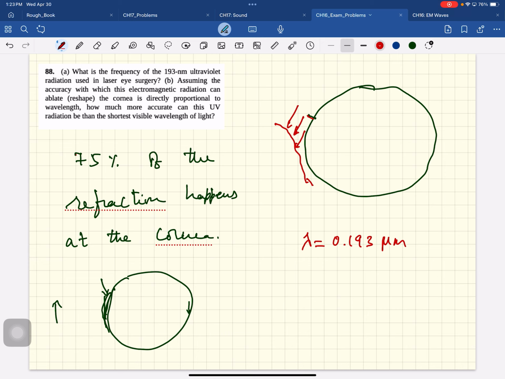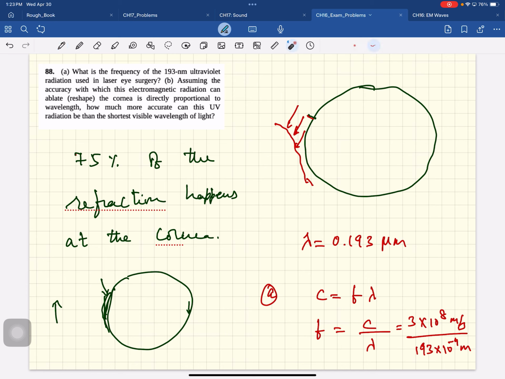Okay, so the frequency of this light is, C equals frequency times wavelength, with the wavelength 193 times 10 to the minus 9 meters.